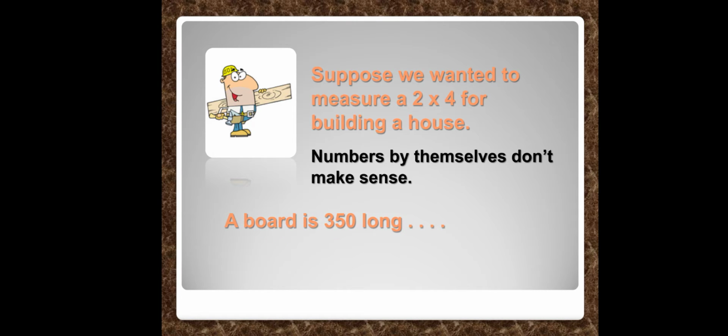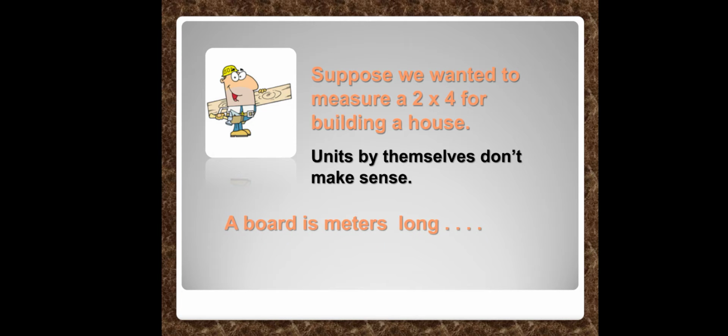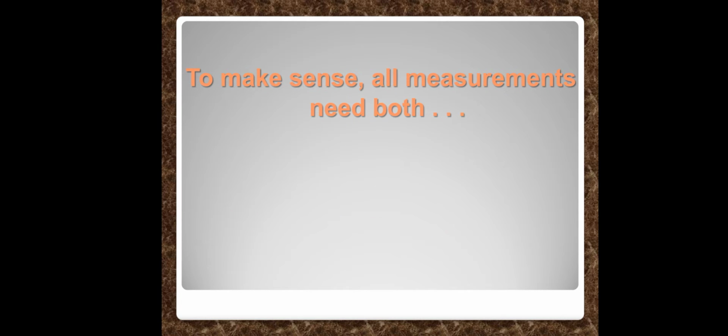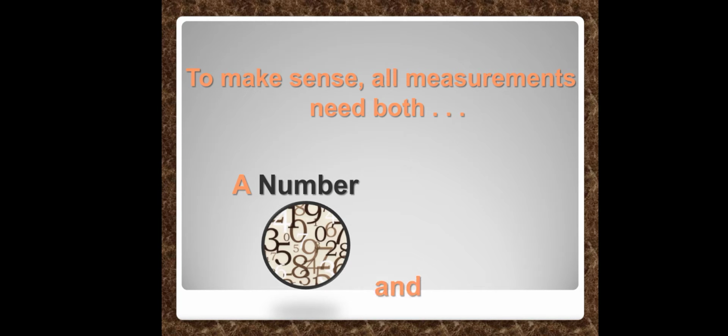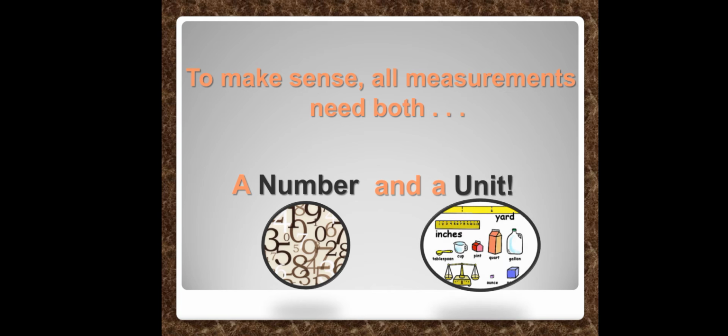A board is 350 long. A board is meters long. To make sense, all measurements need both a number and a unit.